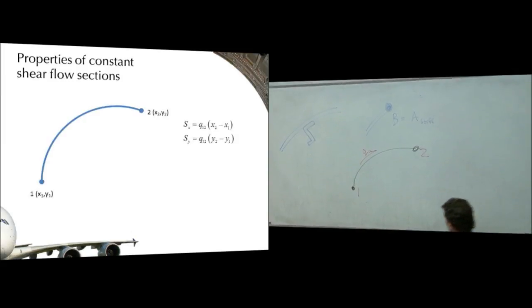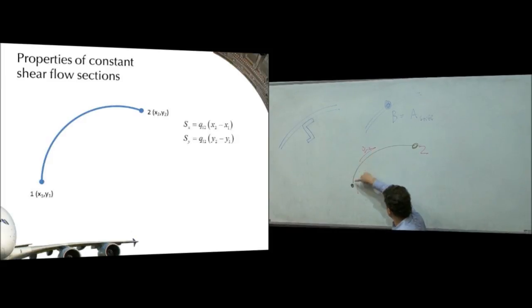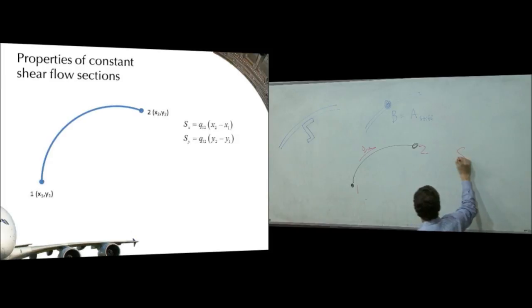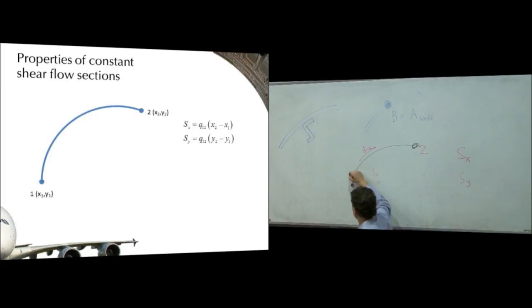then we can break the net contribution of force from this into S in the x direction and S in the y direction, because sometimes, quite often, you'd want to know what the net shear force from that shear flow is.